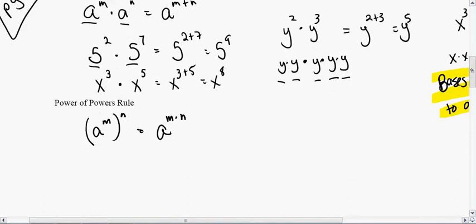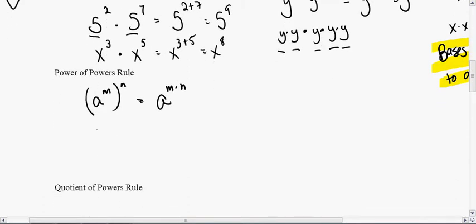What that would look like as an example would be this. What if we do 7 squared, and we'll raise that to the 10th power? Well, that answer would be 7 to the 2 times 10, or 7 to the 20th.